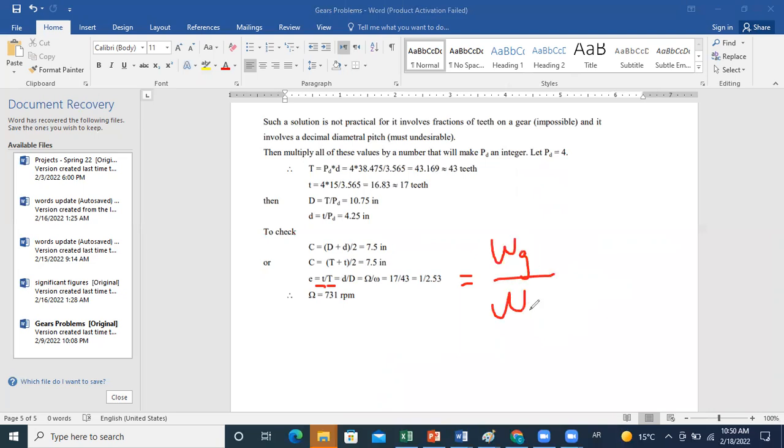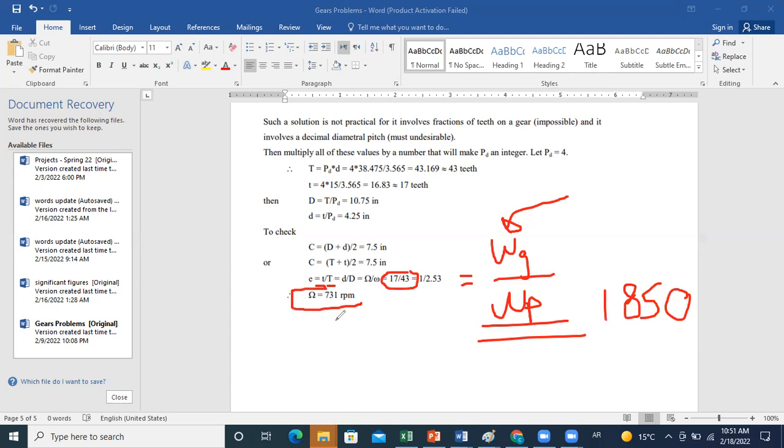The angular velocity of the pinion is imposed on me. It should be equal to 1850 RPM. So by imposing this ratio, I can calculate the corresponding gear angular velocity, and you can say that I got a result that is very close to 720.